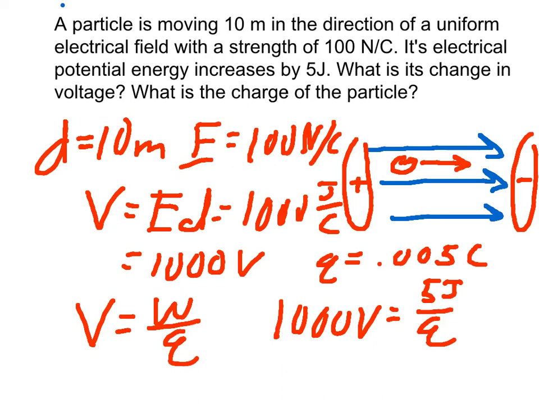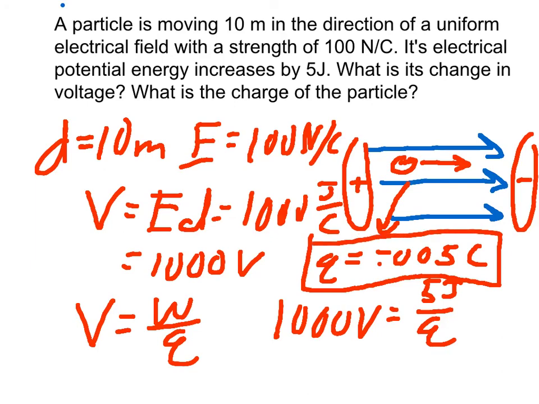But we also found out up here that this was negative, so we end up with negative 0.005 coulombs. And those are the answers to the first and second parts of that problem.